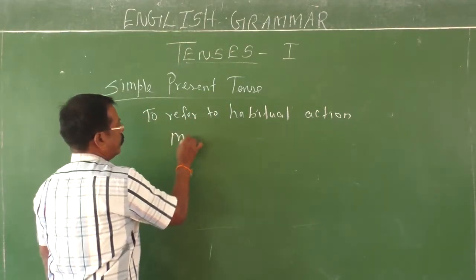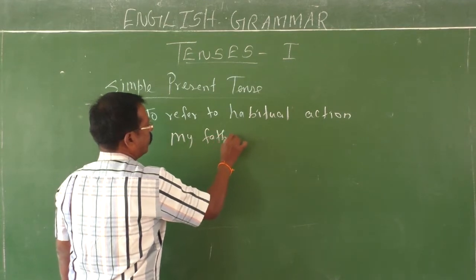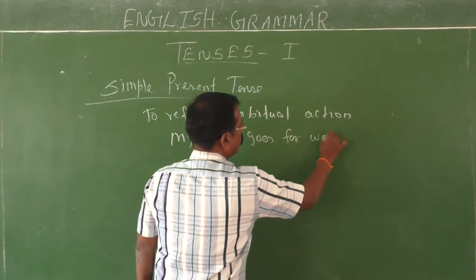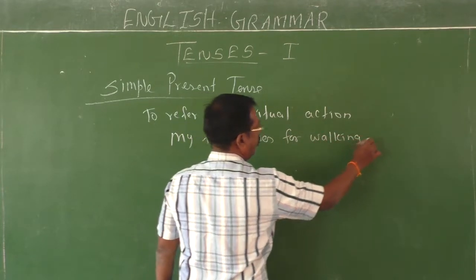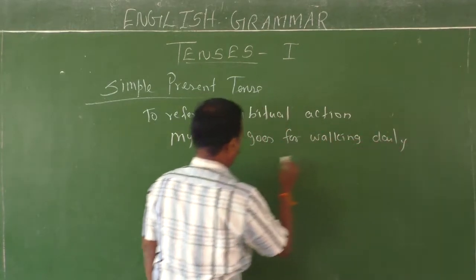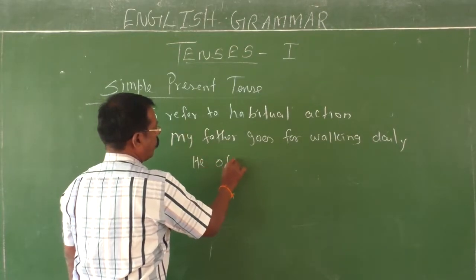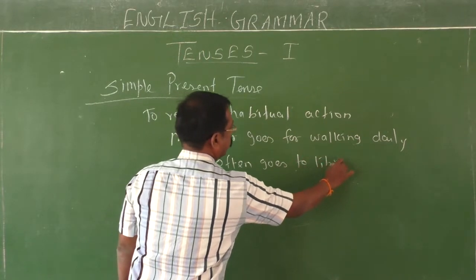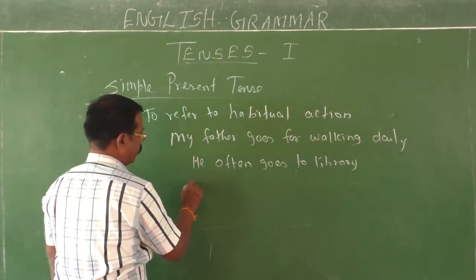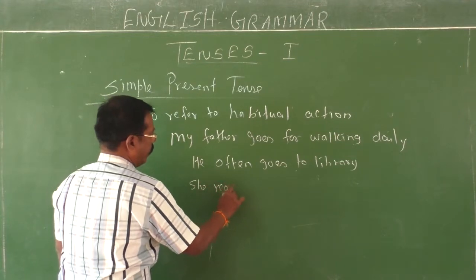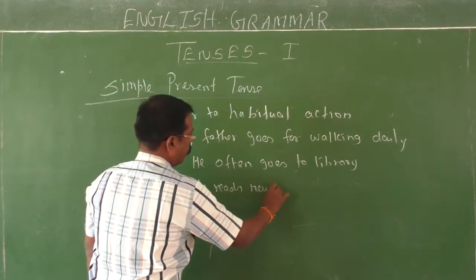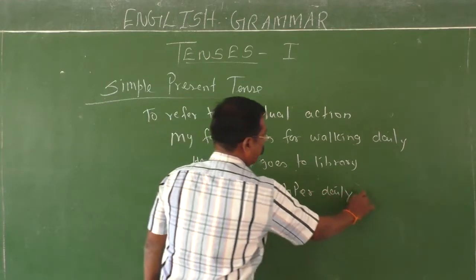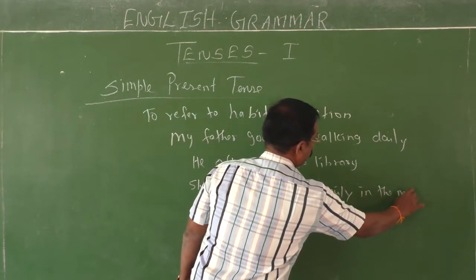For example, my father goes for walking daily. He often goes to library. She reads newspaper daily in the morning.